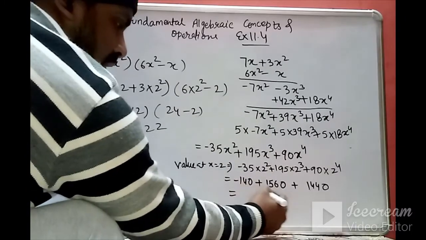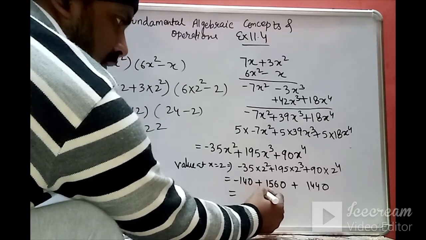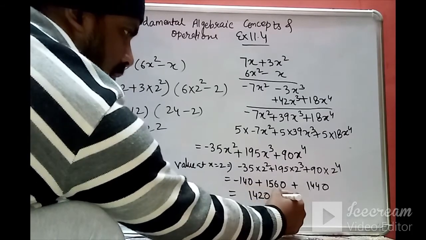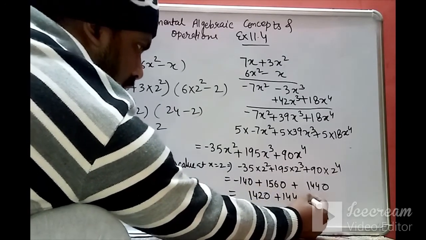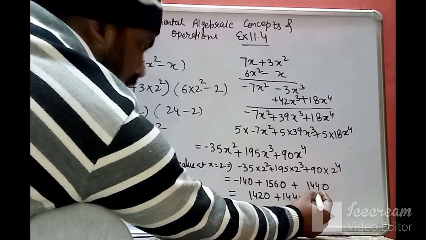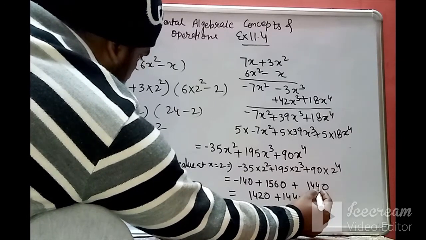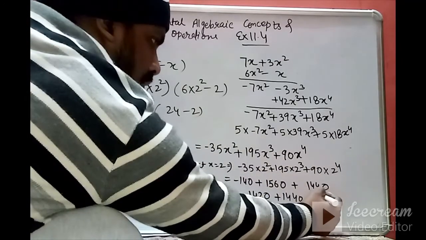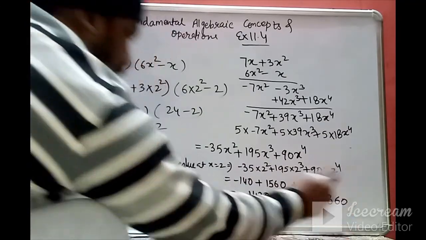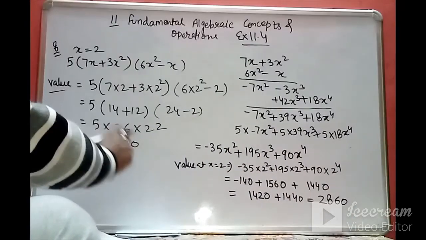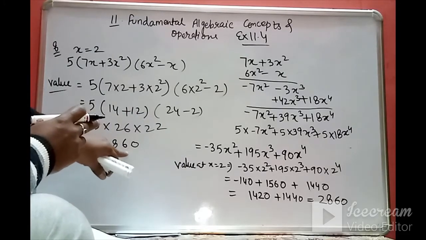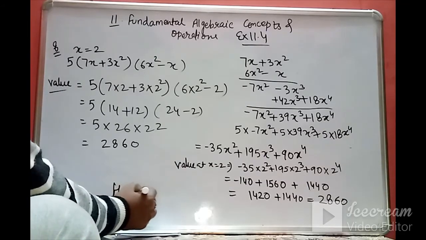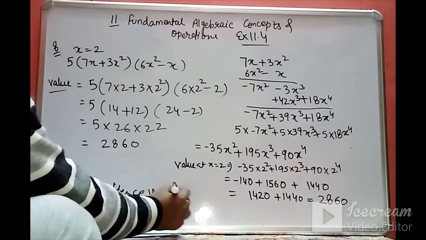So what we will get finally: 1420 plus 1440, so 2860. Okay, so this value is also 2860. By mistake I had written 2820, and this is also 2860. So we can say hence we have verified the multiplication.